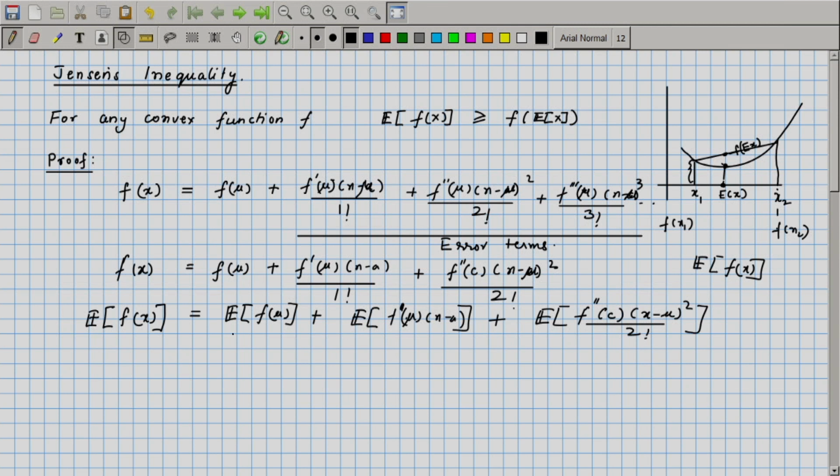Now, if you choose mu to be the expectation of x, okay, so this is a Taylor series expansion, we expand it about the point expectation of x. So, then we will get the left hand side is the quantity that we want, expectation of f of x.